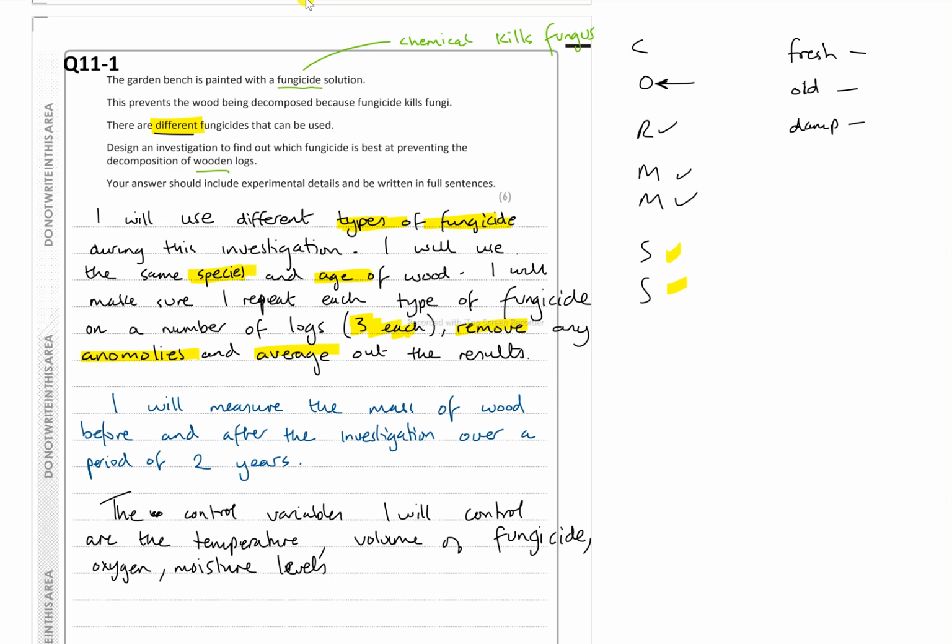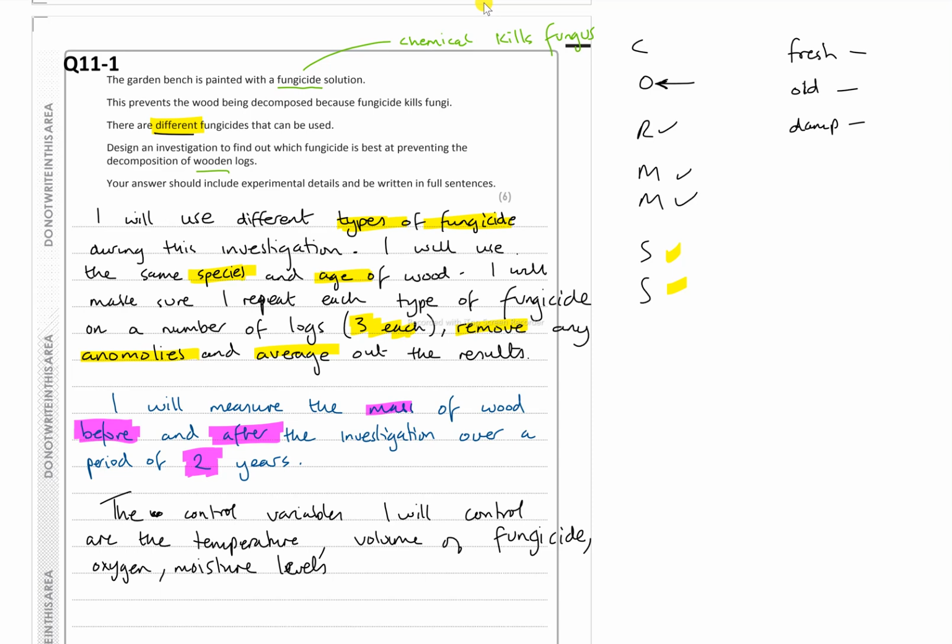That's a standard. What will I measure? The mass of wood before and after the investigation to see how much is rotted away over a period of, and because rot takes a bit longer than normal, you won't say, oh, 2 hours or 2 months or 24 hours, right?